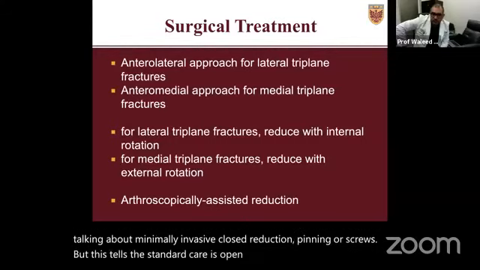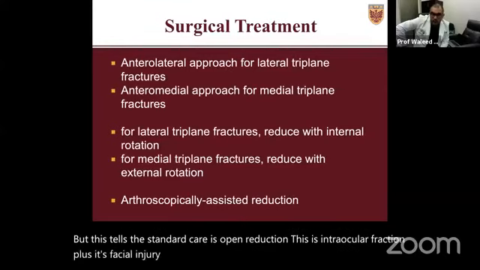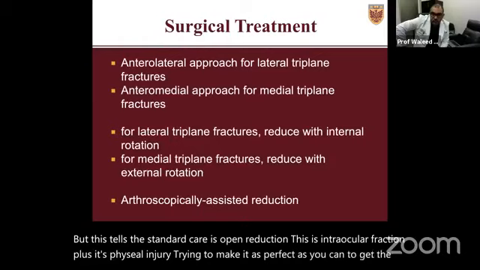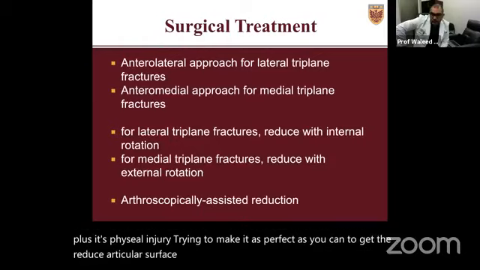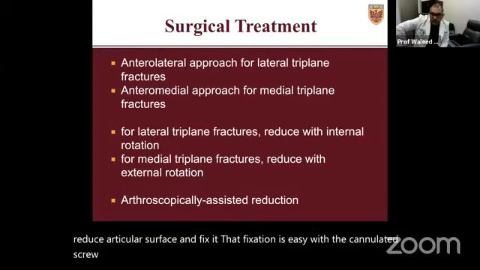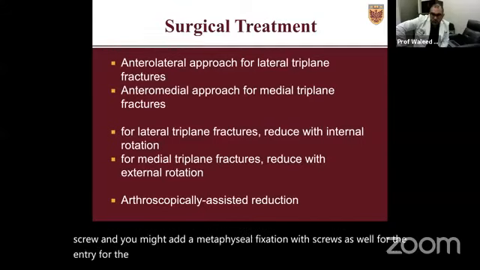This is an intra-articular fracture, plus it's a physeal injury. Try to make it as perfect as you can to get the reduced articular surface and fix it. That fixation is easy with a cannulated screw, and you might add a metaphyseal fixation with screws as well. For the lateral triplane, an anterolateral approach can get you to the intra-articular fracture.